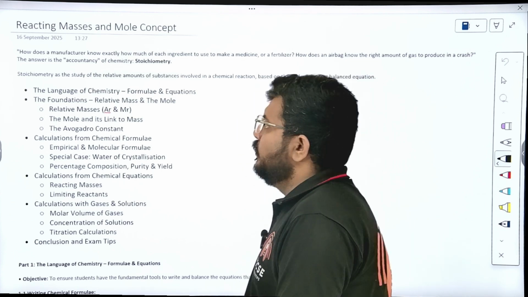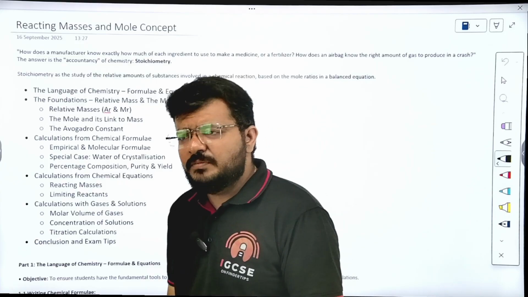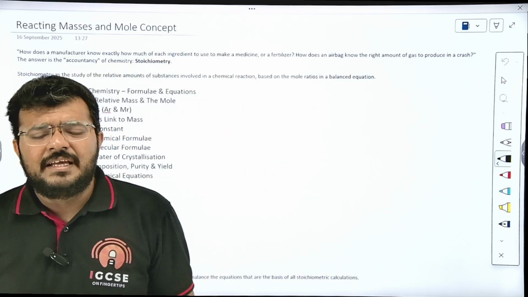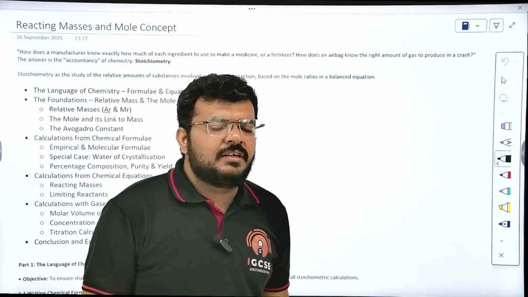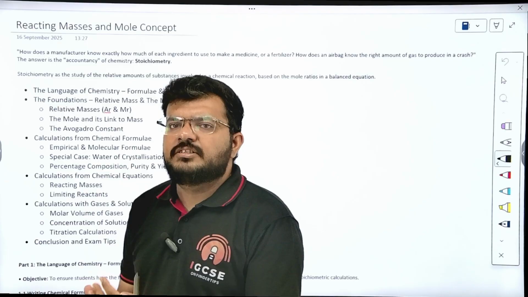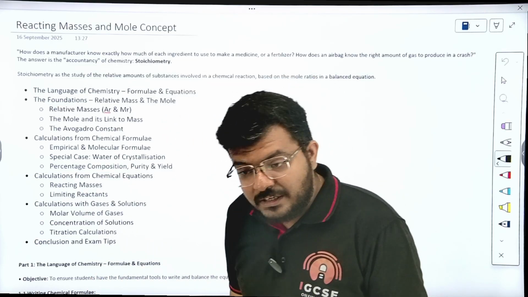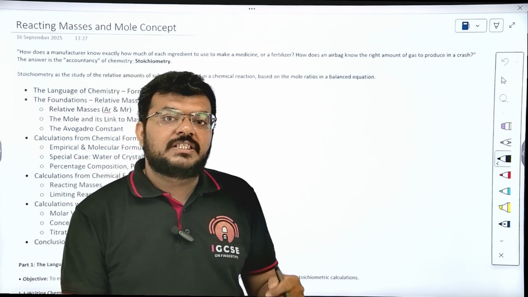Let's see now. So why do we study this reacting masses and mole concept? The most basic understanding is, let's say I am making a medicine, right? I want to make let's say aspirin, and I am trying to get the reactants to make aspirin. Now I need to know the exact composition of aspirin because it has to be a single compound.